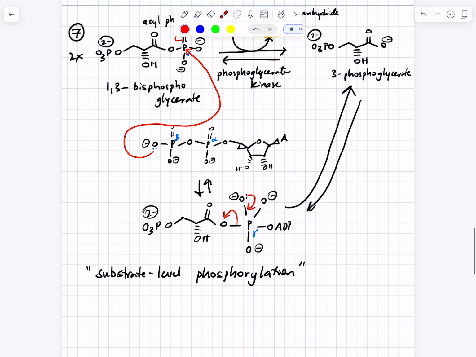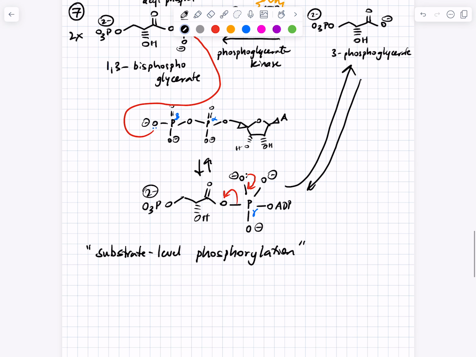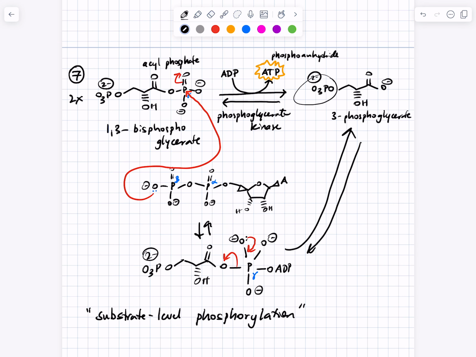So let's do step 8. It turns out that right now, this phosphate group that's in 3-phosphoglycerate, we're also going to want to do a substrate level phosphorylation with that. The big problem is that right now that's a phosphoester, level 2 reactivity. And we want to do a reaction that will generate ATP without a lot of trouble.